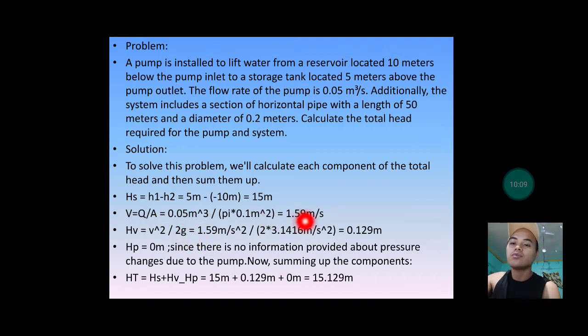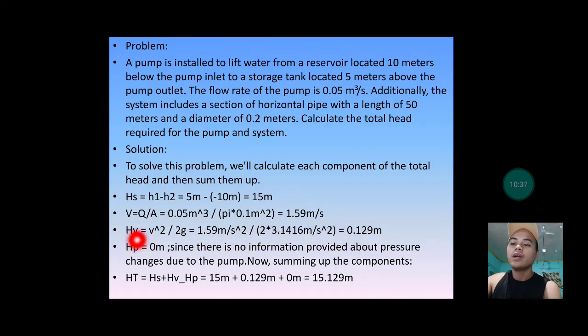Since V is equal to 1.59 meter per second, we square it, divided by 2 times gravity, which is 9.81 meter per second squared, which is equal to 0.129 meter.